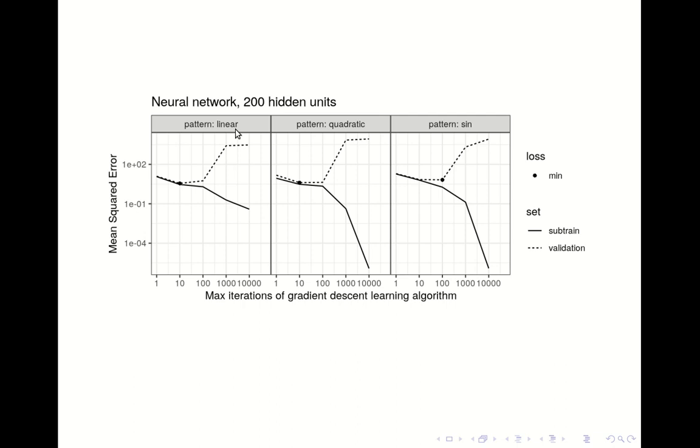So we can see that, with respect to the previous two pictures, with 200 hidden units, we see an even bigger gap at the largest number of iterations. We can fit the subtrain data really, really well, but it's not helping in terms of generalization, in terms of unseen validation data.